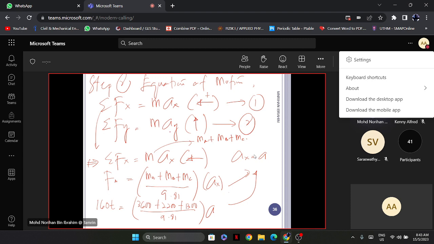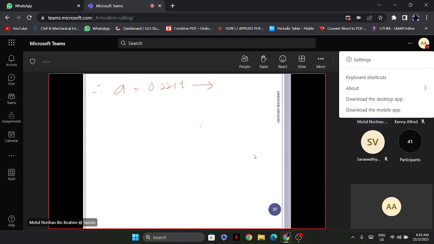If we consider the sum of Fy is equal to m ay as a second equation, then once we got this, we can put it as equation 3. So they give you the acceleration as a function of t.